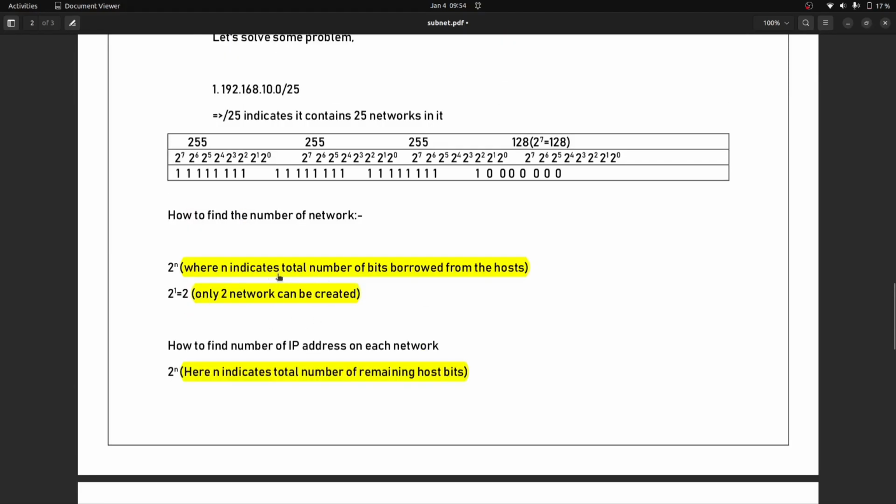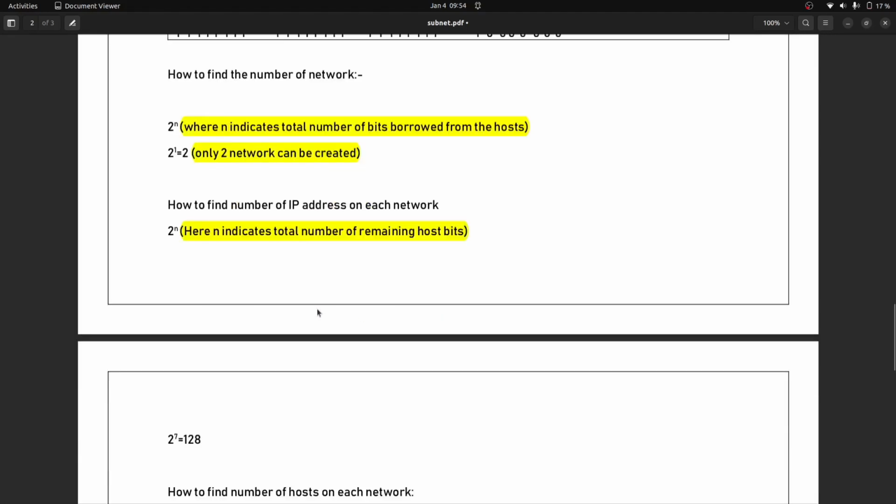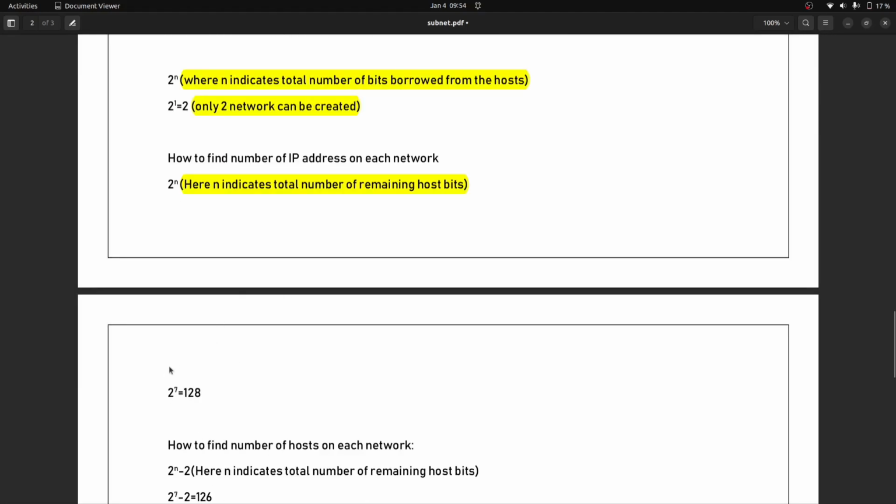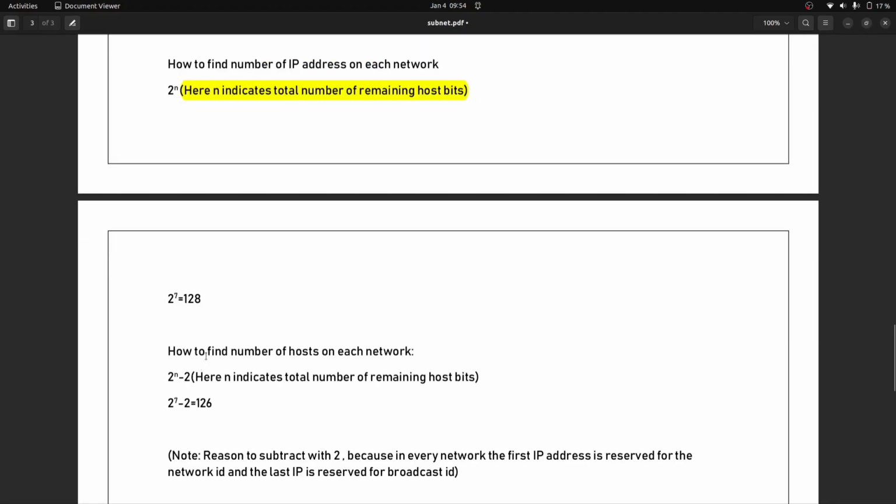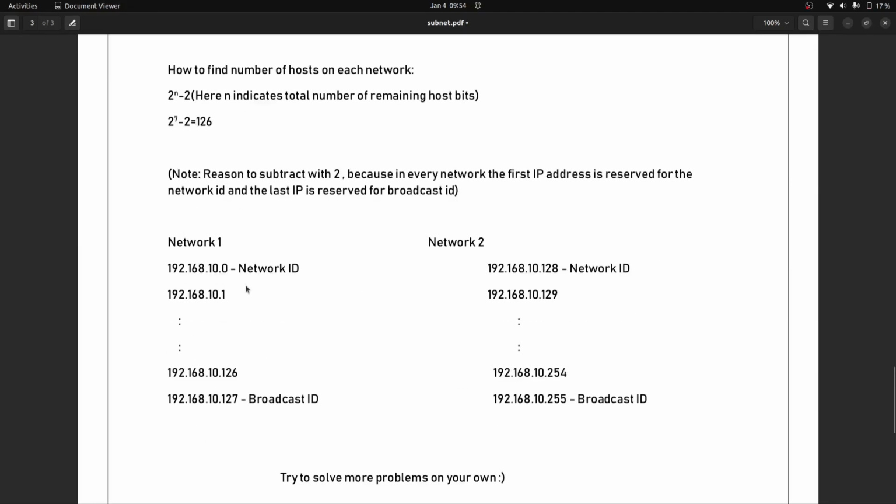Here we can see we can create only 2 networks and in each network we can have 128 addresses. So in network 1 it begins with 192.168.10.0 and ends with 192.168.10.127.